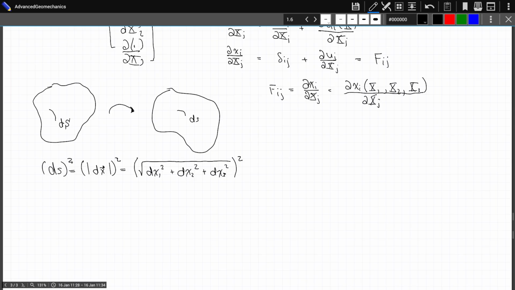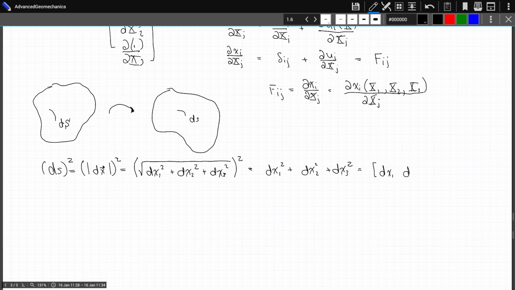So then I just have ds squared is equal to dx1 squared plus dx2 squared plus dx3 squared.